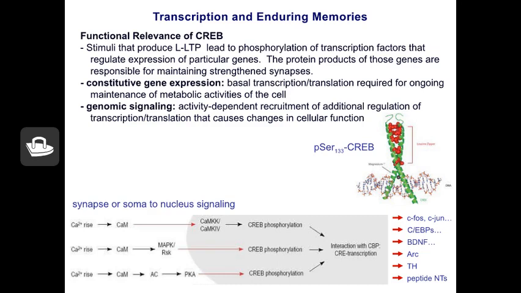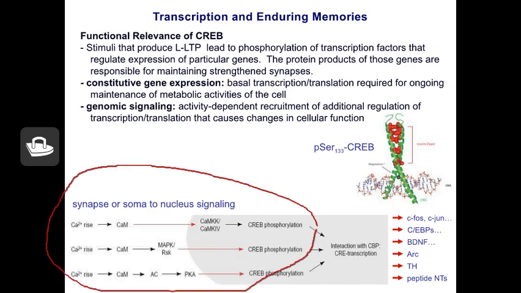Now, we've already seen the kind of sequence of events that activate Krebs. And some of those sequences, including both synapse to nucleus and soma to nucleus models, are illustrated near the bottom of this slide.